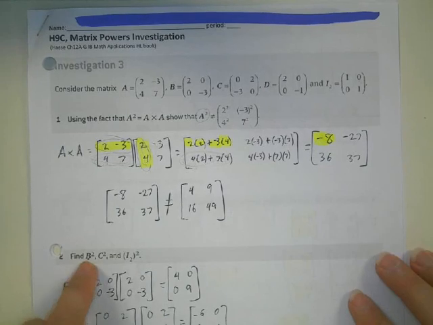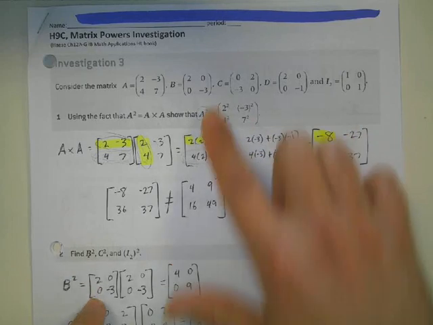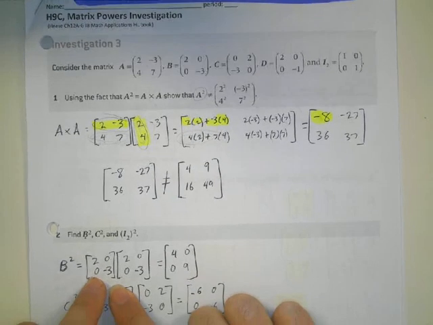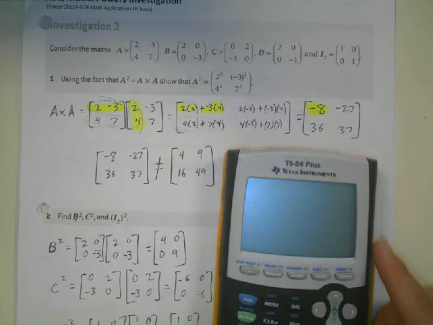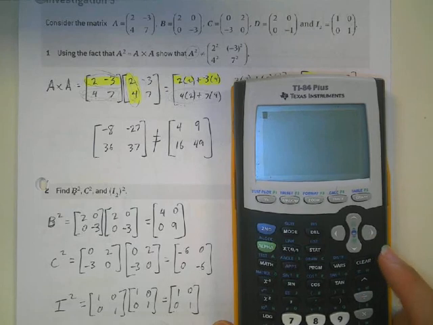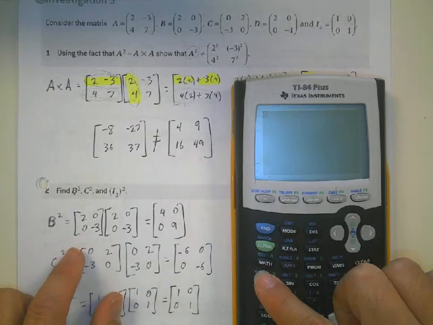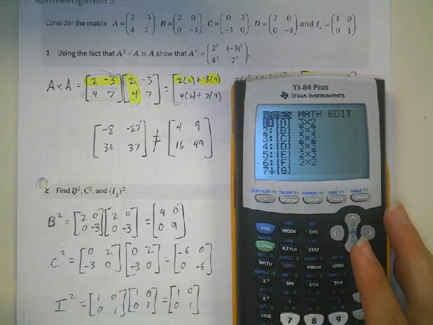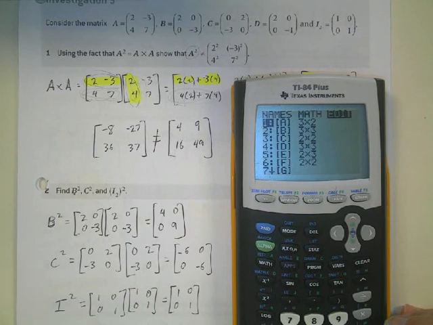So B is 2, 0, 0, negative 3. I'm going to type this into my calculator. If you don't already have notes on it, let's write the notes down now.